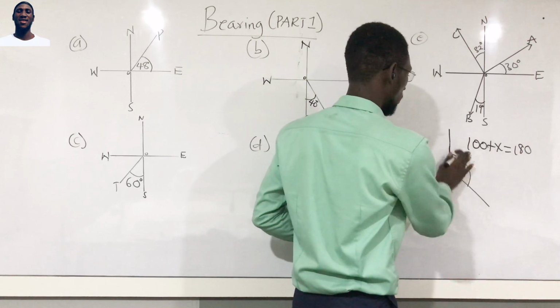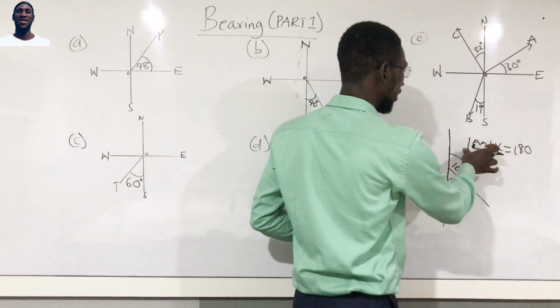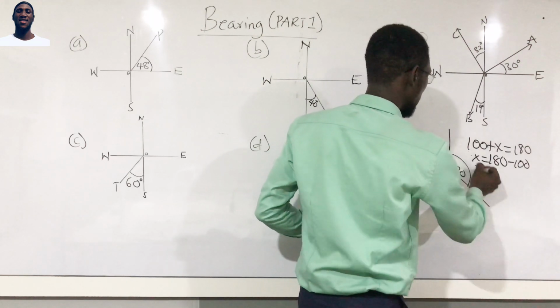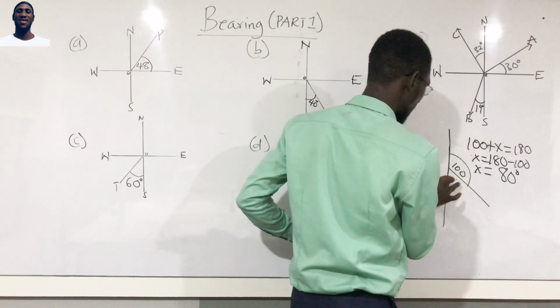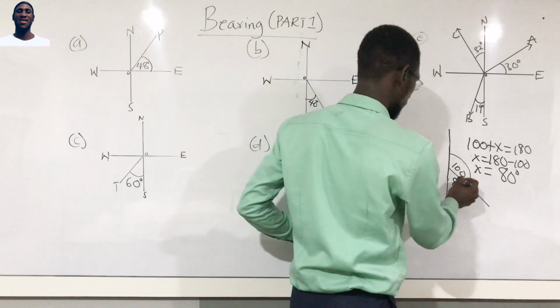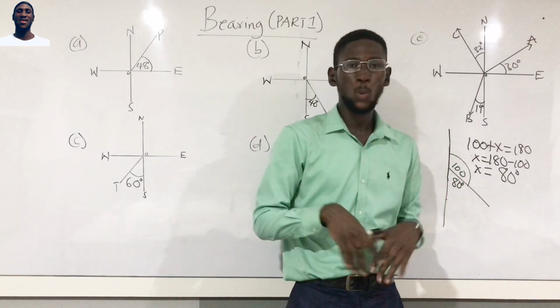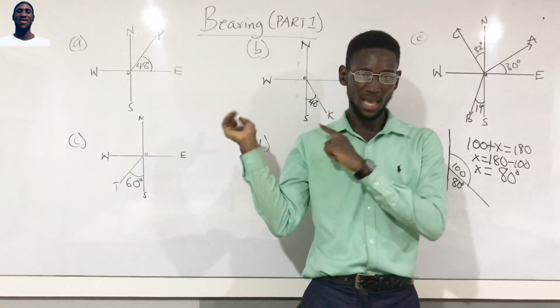So x equals, I send 100 to the right side of the equation, 180 minus 100. So x gives me 80 degrees. I want us to do this because we are going to apply this in the questions that we have on the right side.